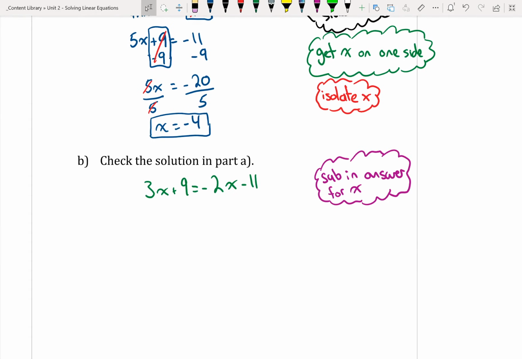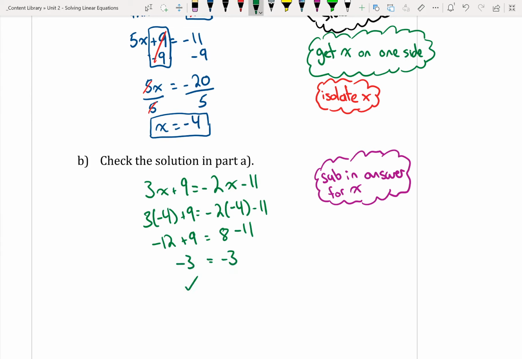I found that the answer was negative 4, so let's see if that's the right answer. Everywhere I see an x, I'm going to sub in negative 4. So I have negative 12 plus 9 equals positive 8 minus 11. I get negative 3 equals negative 3. It's the exact same number, so that means my solution is correct because negative 3 does equal negative 3.